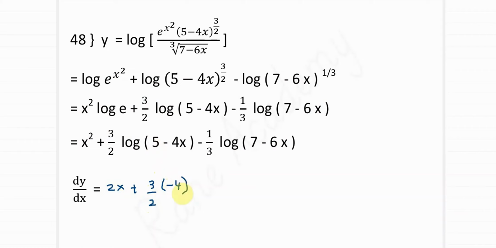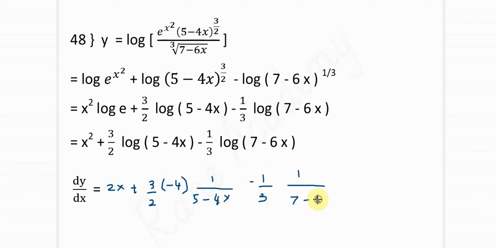So we write minus 4 here, and the log of 5 minus 4x gives 1 upon 5 minus 4x. Then we have minus 1 by 3 as it is. Then the derivative of log x is 1 upon x, so the derivative of log of 7 minus 6x is 1 upon 7 minus 6x.